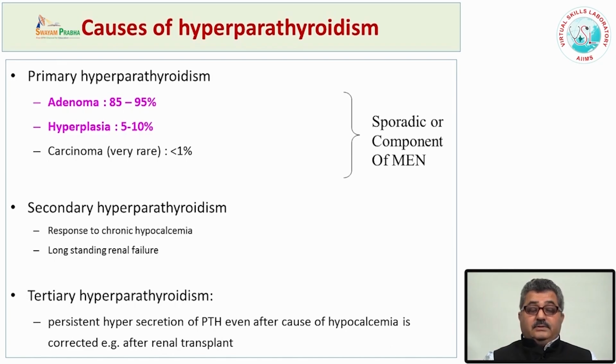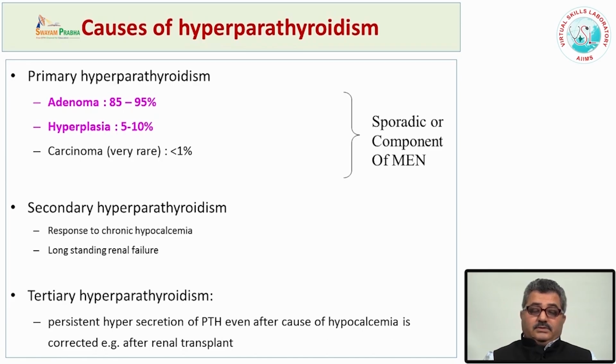Secondary hyperparathyroidism is a disease where there is a chronic hypocalcemia, and there may be some reason in the renal system, like kidney failure, which leads to the secondary hyperplasia of these glands. Whenever these secondary diseases are corrected, the parathyroid levels go down.